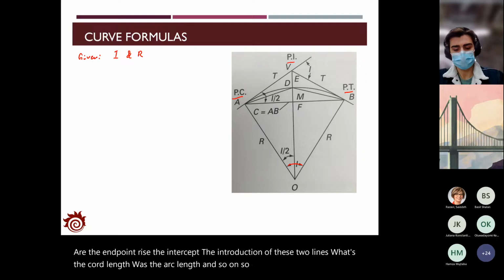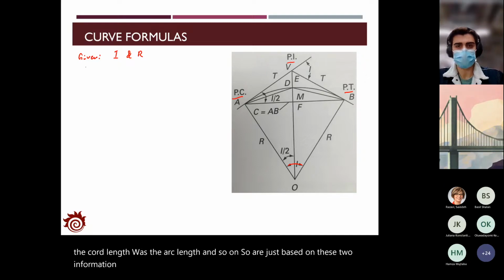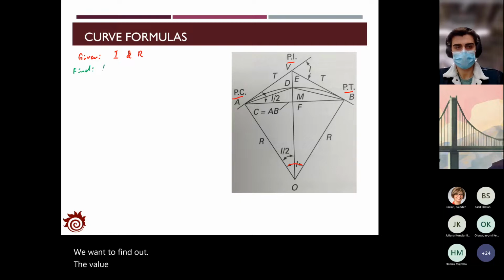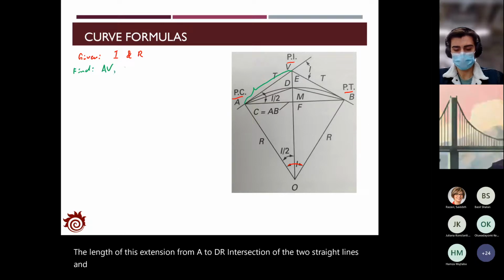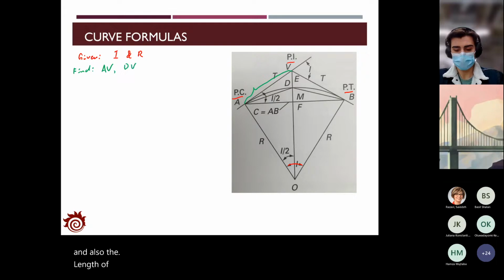Just based on these two pieces of information, I and R, we want to find the length of A to V, which in this figure is the length of this extension from A to the intersection of the two straight lines, and also the length of D to V, which is the offset from the intersection to the curve.